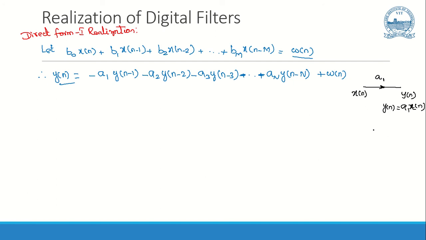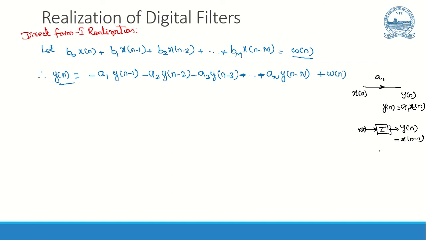Okay, and then if I have a block like this, with input x of n, it produces an output y of n. So this y of n is nothing but x of n minus 1. This is represented as a delay element.